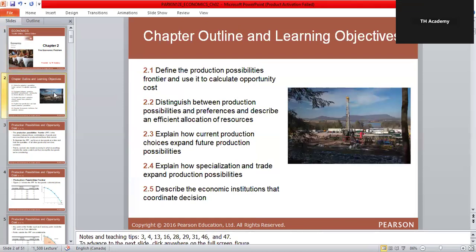So here's what we are going to cover today: the production possibility frontier and opportunity cost. Learn what it is and how to calculate the cost of choices. Production versus preferences, understanding efficient use of resources.